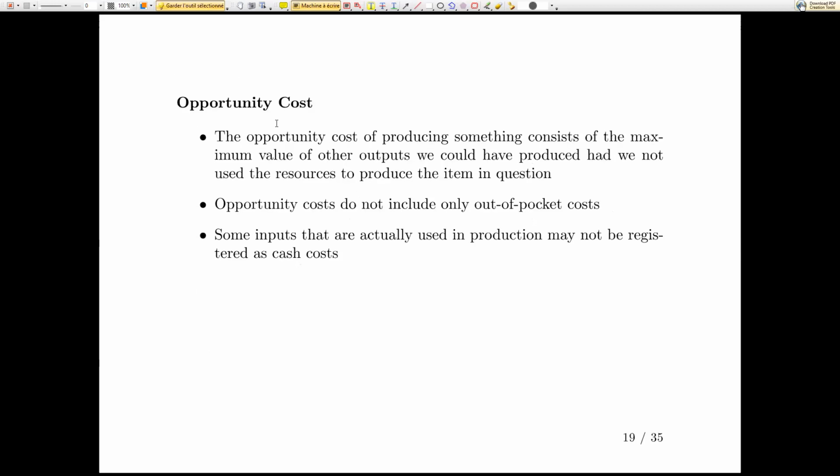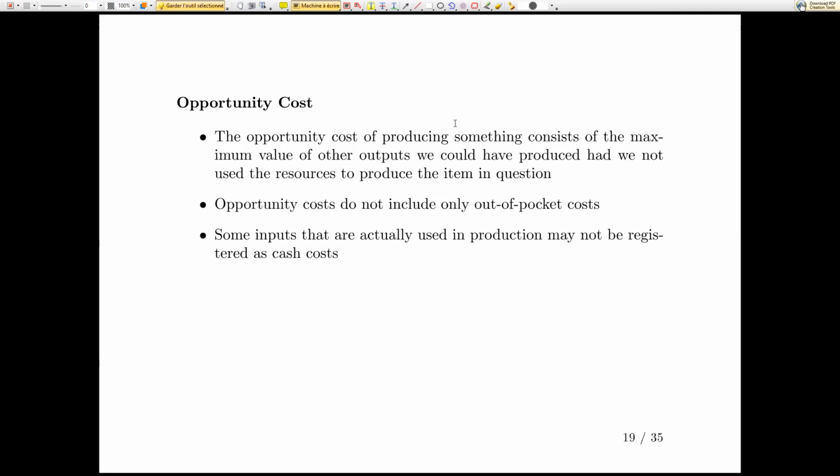Notion of opportunity cost. I'm sure you've heard this phrase a thousand times before, so I'm not going to repeat it too much. But the opportunity cost of producing something is not just how much you had to buy, but also what you had to sacrifice, such that you cannot do something else with the money you have, the time you have.